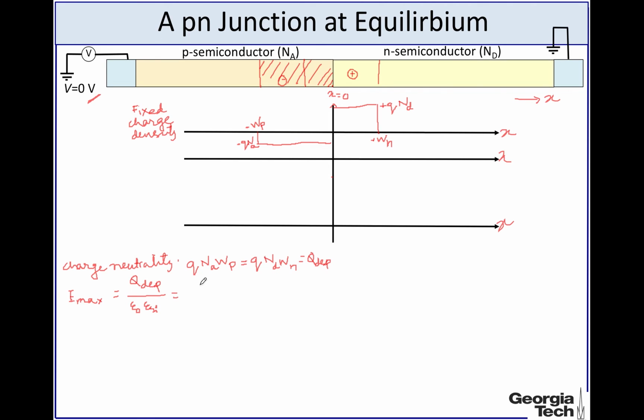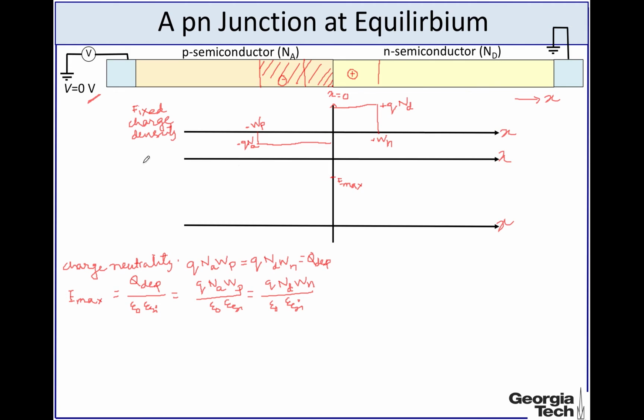So what we can write is E_max equals qN_A W_p divided by epsilon naught epsilon silicon, equal to qN_D W_n over epsilon naught epsilon silicon. Now this is E_max, and it is negative.